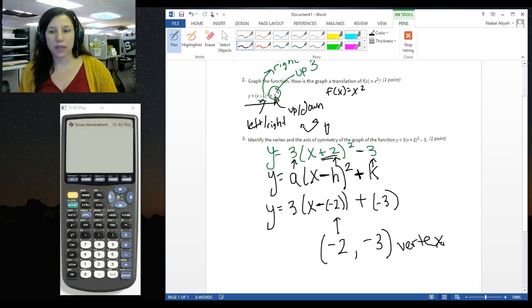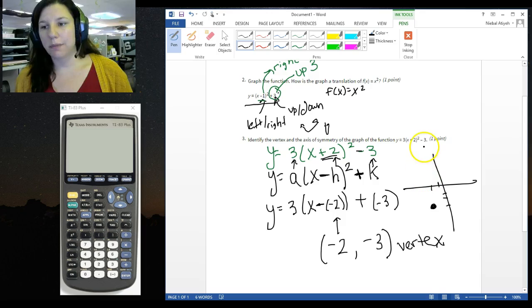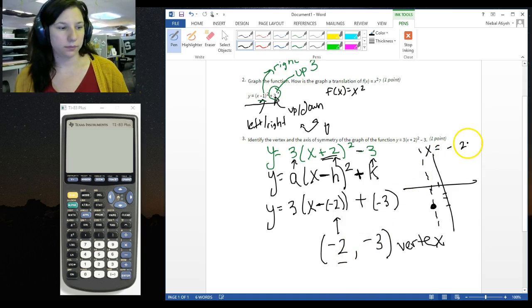Now the axis of symmetry. When I graph this, our vertex is -2, -3, and the axis of symmetry is going to be right through that vertex. Okay, and the equation for that line, it's a vertical line, so its equation is going to be x equals whatever your x is.